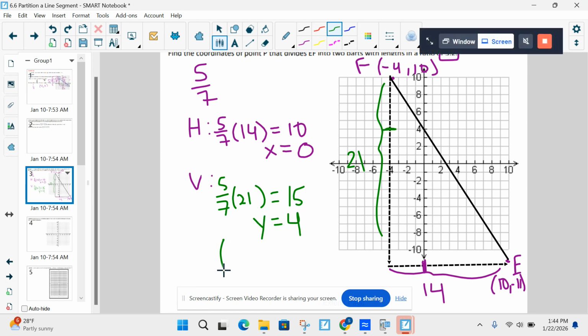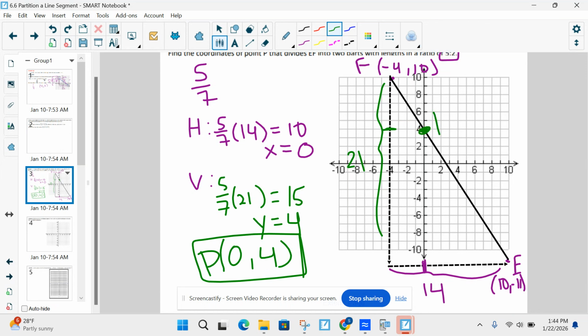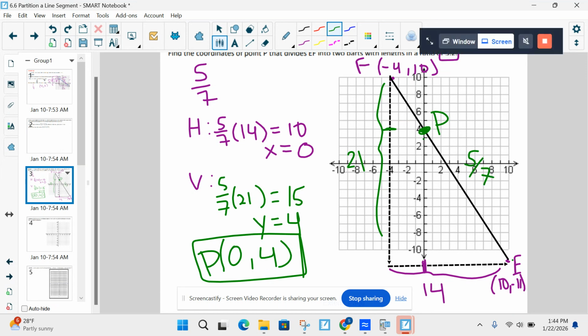That means the coordinate is 0, 4. And we always plot it to double check. So that means from E to P is 5/7 of the whole segment. And then from P to F is 2/7 of the whole segment.